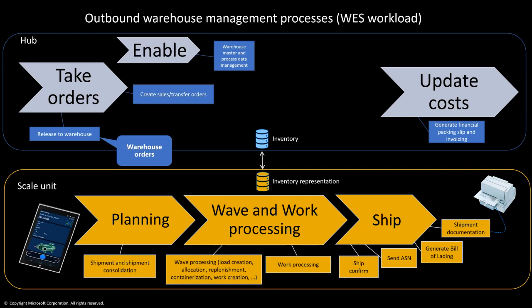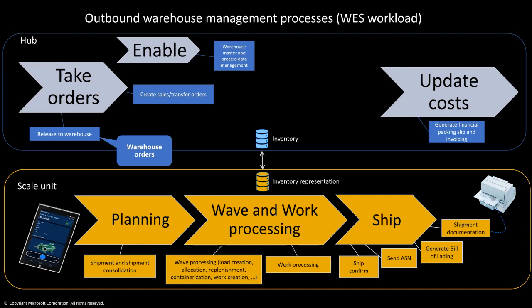Outbound warehouse management processes are similar to the inbound and what you're used to today, most likely. So orders are still placed in the hub unit. We have the concept of a release to warehouse, which then triggers the creation and synchronization of these warehouse orders.